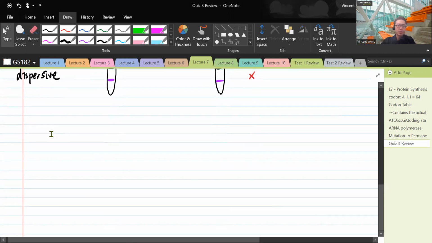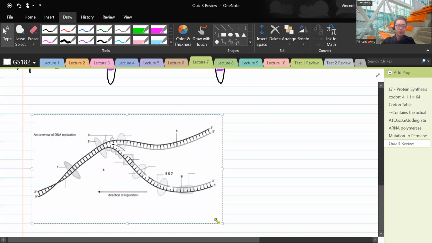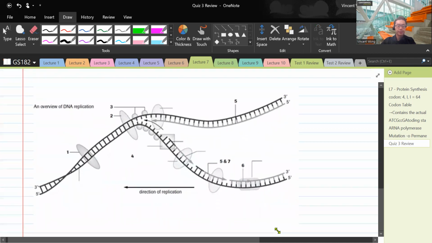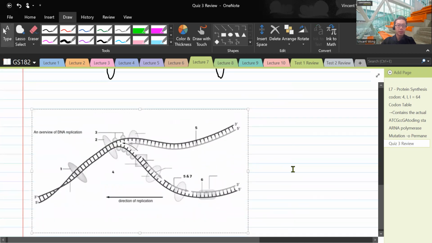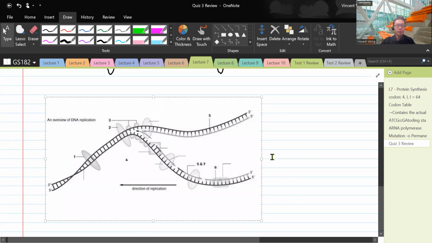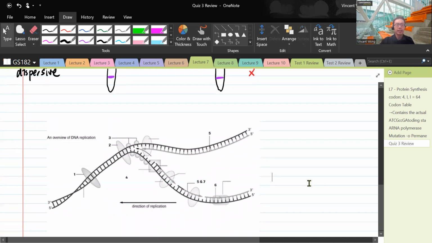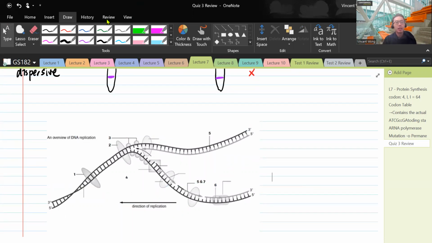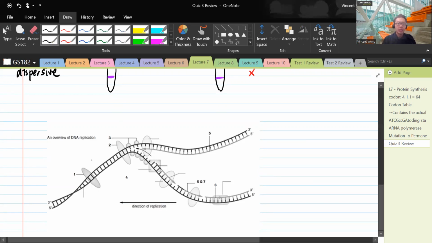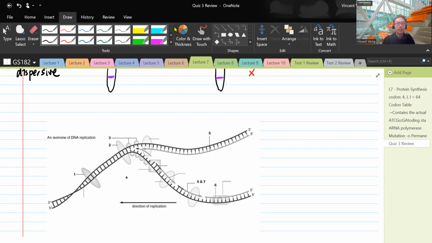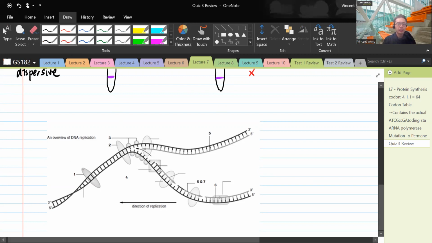And I'm just gonna go through this one with you. This is of course DNA replication. I'm just gonna go through some of the enzymes with you again, just so you have a review on them. So this one over here is the gyrase.